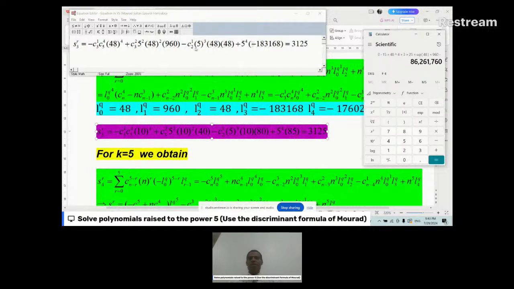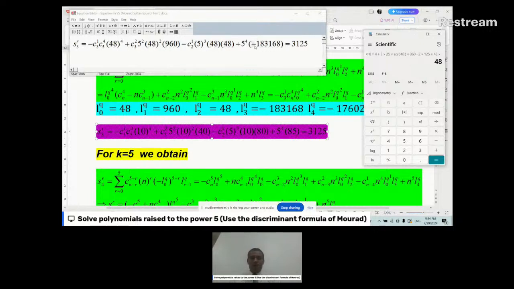Minus 2 times 125 times 48, simply because L0 of dq is 48, or L2 is 48. This is raised to the power 2, here has to be raised to the power 1, multiplied by 48. Plus 5 raised to the power 4 times negative 183,168.